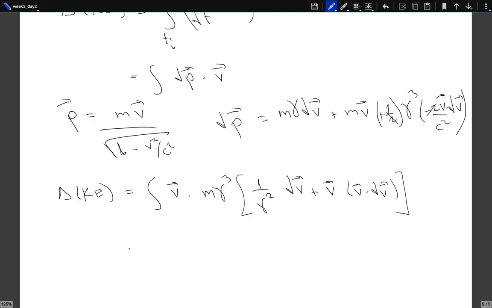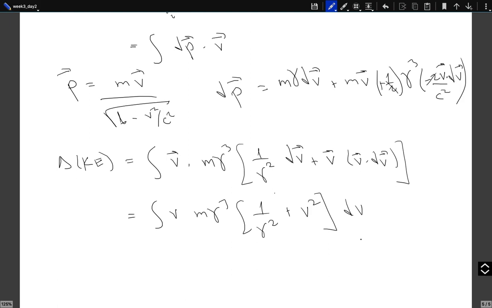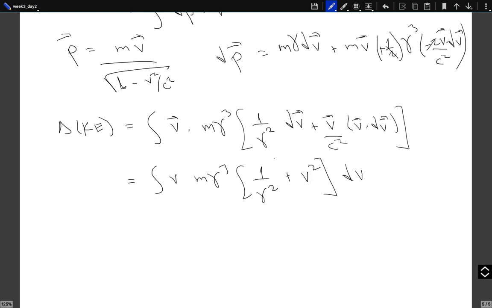Let me make a simplification. Let me just assume everything is one-dimensional. Everything is in the same dimension, so it will just simplify the computation. This is equal to v times m gamma cubed, 1 over gamma squared plus v squared over c squared, dv.